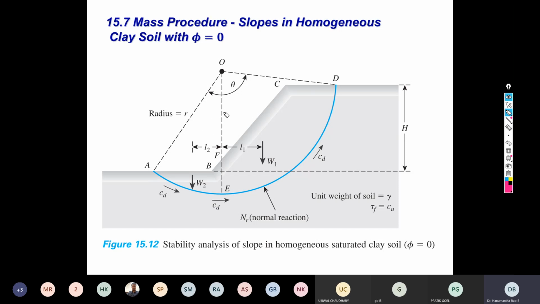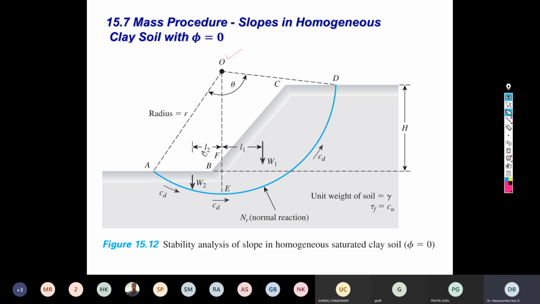I can take summation of all the moments about point O. I should multiply W2 into lever arm distance L2, equals W1 multiplied by lever arm distance L1. By simplifying these equations, one can get the factor of safety equation. This is the distinction between force equilibrium and moment equilibrium.